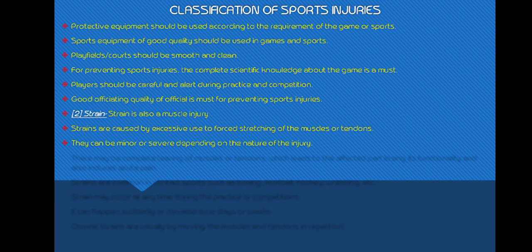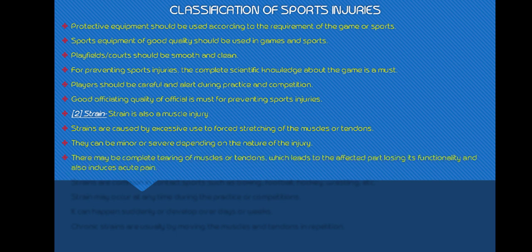They can be minor or severe depending on the nature of the injury. There may be complete tearing of muscles or tendons, which leads to the affected part losing its functionality and also includes acute pain. Strains are common in contact sports such as boxing, football, hockey, wrestling, and so on.